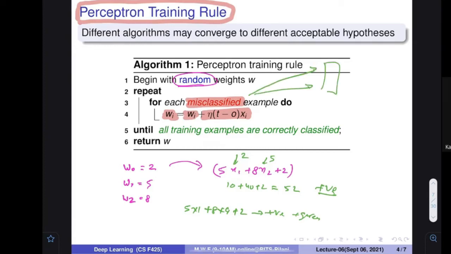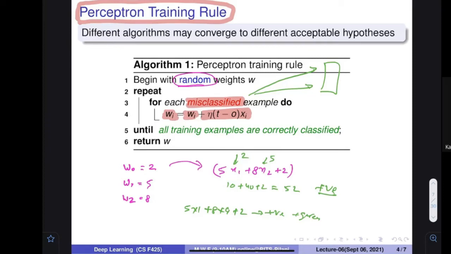With these particular values, we have seen that green points are correct, but the red points are going to have the wrong classification. Since all the weights are positive and all the points are also positive, all the items are going to be classified as positive. Therefore, all the negative points become wrongly classified.